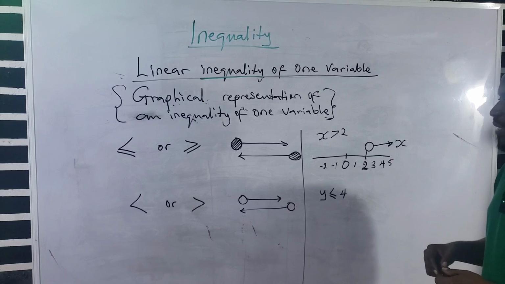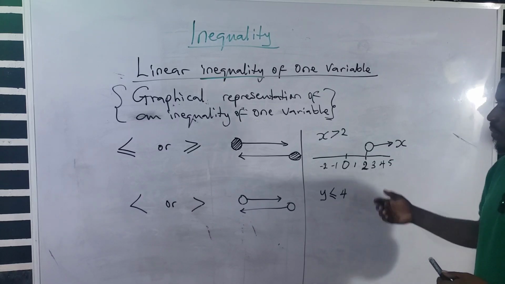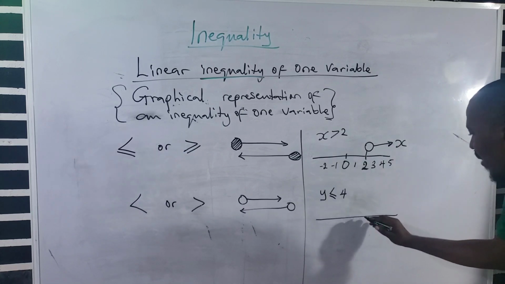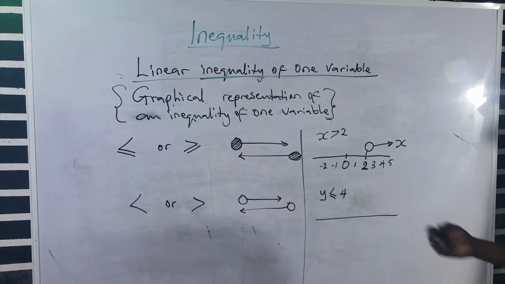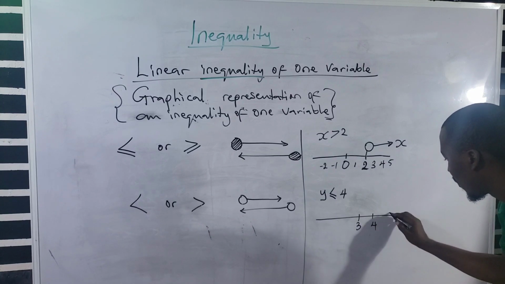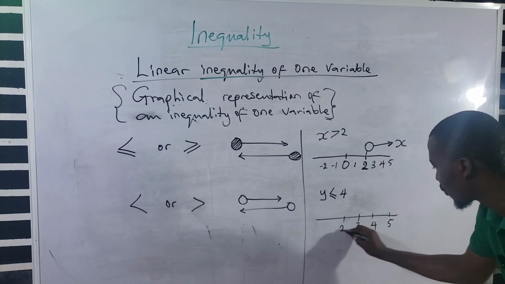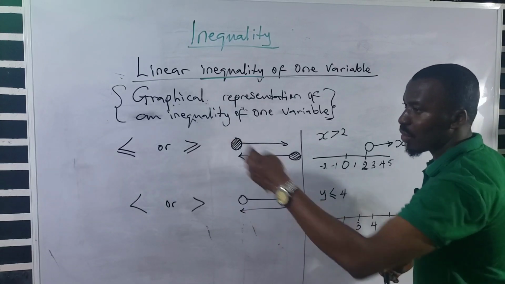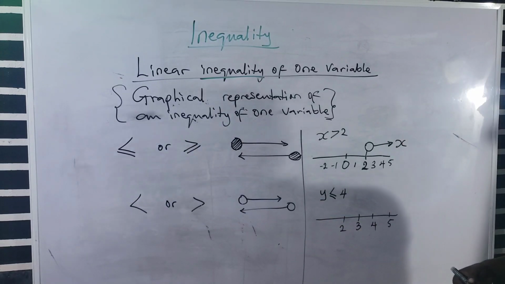How are we going to represent this on a number graph? Just the same way I have done here, I first of all sketch my line. I can decide to have my 3, 4, 5, 2. Of course, you know that number lines contain all the integers.